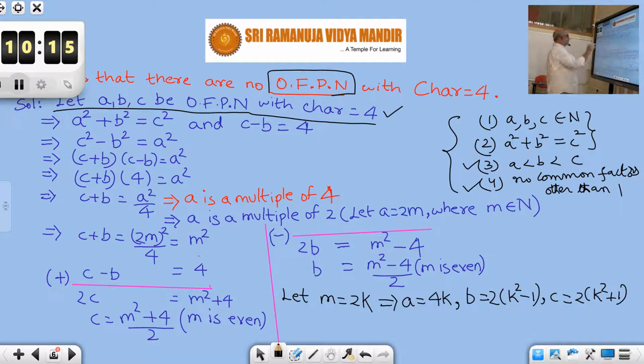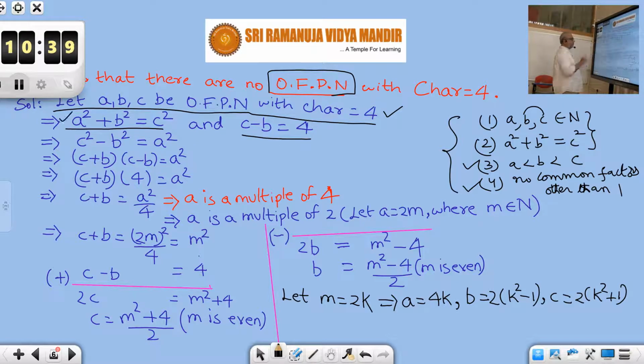Then, because they are OFPN, A square plus B square must be equal to C square. And what is the definition of a characteristic? C minus B, the greatest number minus the next smallest number. That is called the characteristic of the OFPN. So, C minus B is equal to 4.